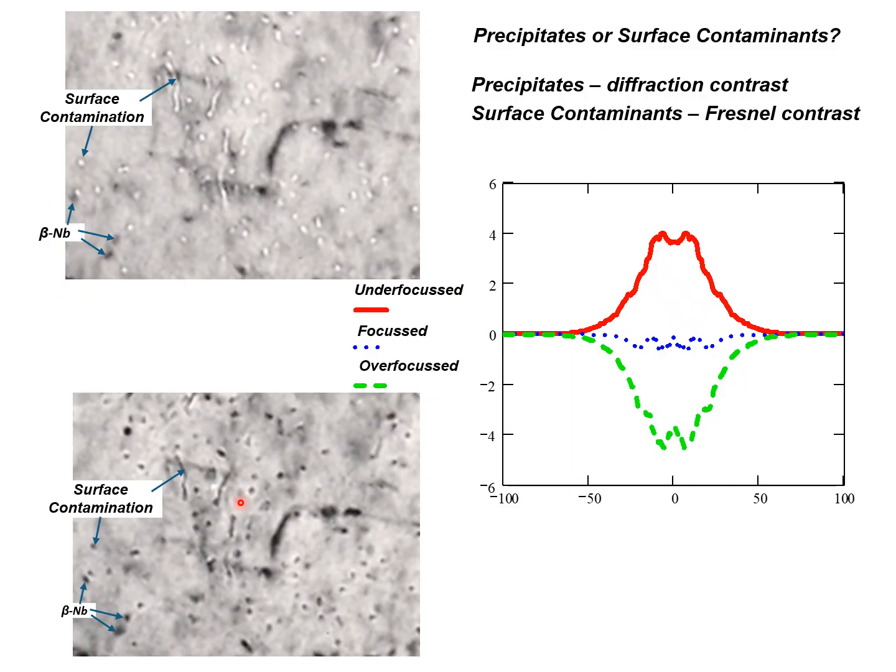That shows up with Fresnel contrast. It's either a bright or a dark image. But this is surface deposits. They're not cavities. I showed you earlier that cavities can have Fresnel contrast, but these are not cavities. This is just amorphous crap on the surface.